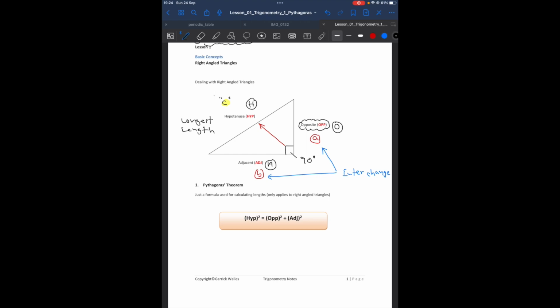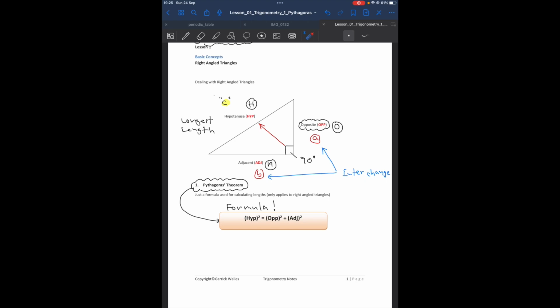Pythagoras' theorem is the first theorem that we're going to look at in trigonometry. All Pythagoras' theorem is, is a formula. Sometimes the formula is written as hyp squared equals op squared plus adj squared.